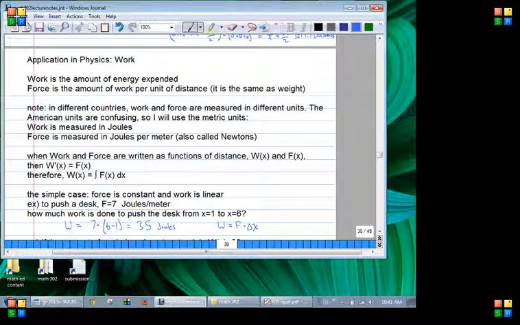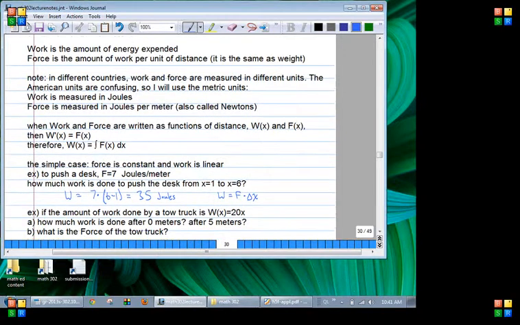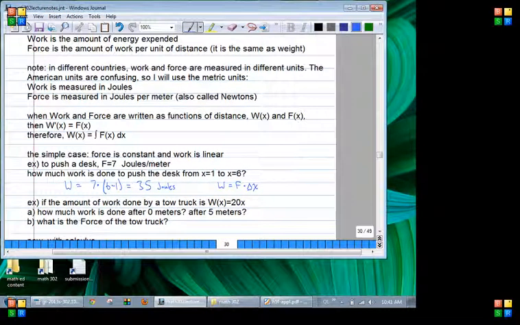So that's one way to write it in the linear case. Now let's think about it this way. If the amount of work done by a tow truck is W equals 20x, how much work is done after 0 meters?